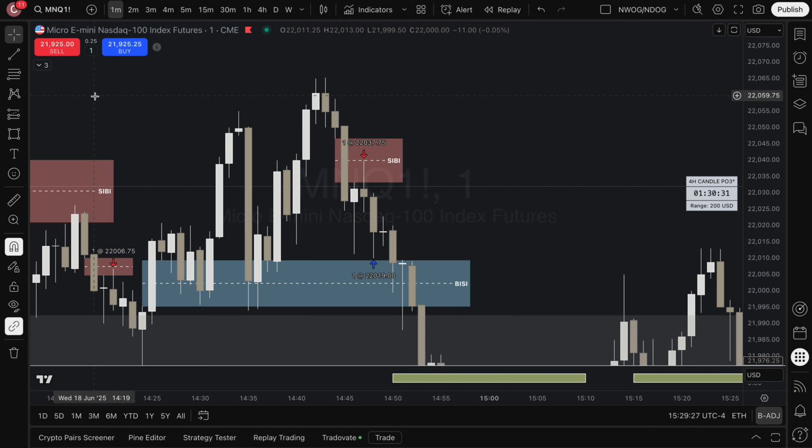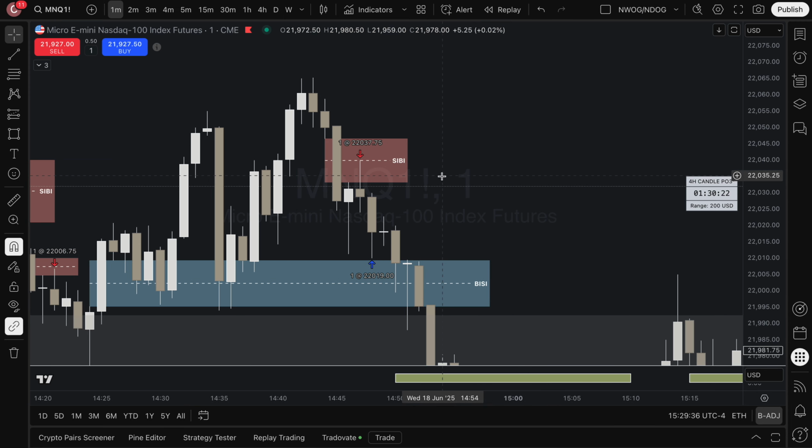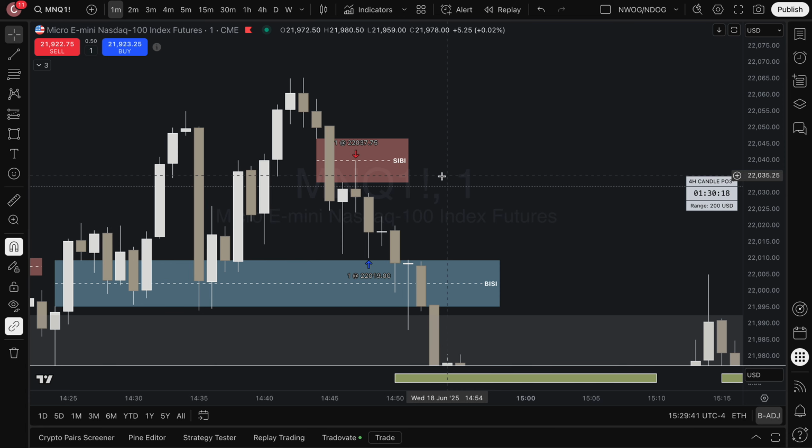Ideal entry would be right at this candle's high. But I was kind of skeptical because it is FOMC. So I waited and pretty much came up to this.